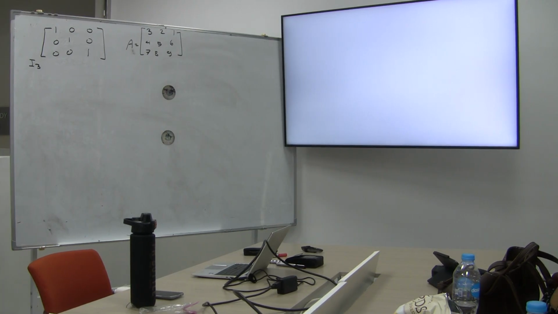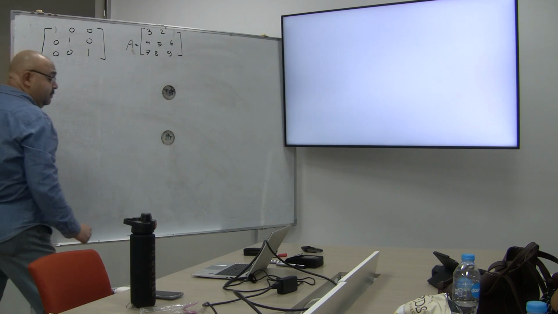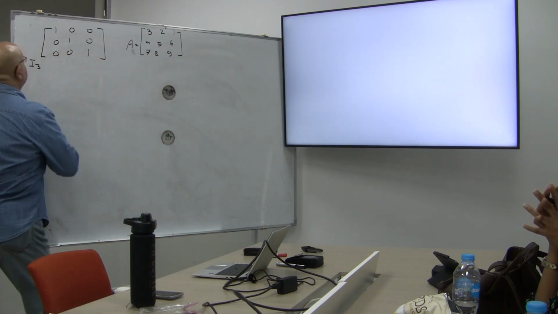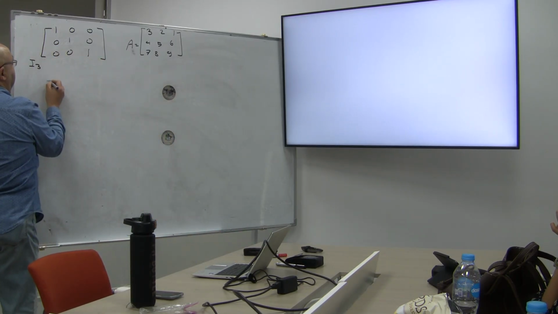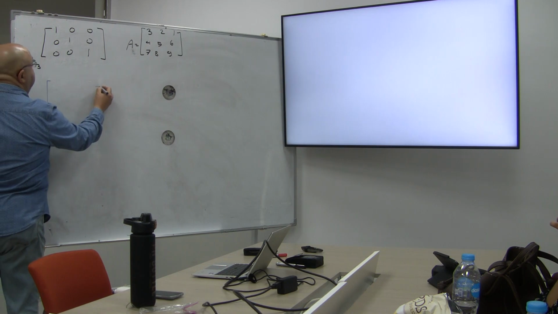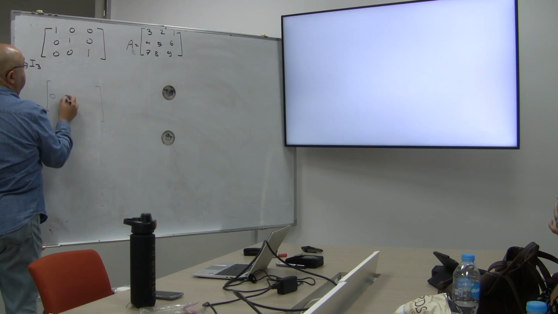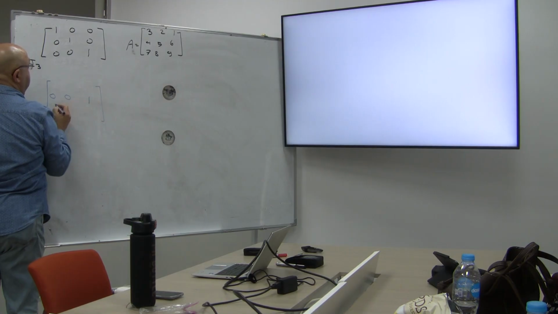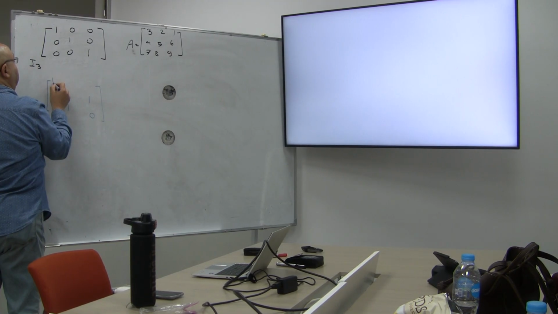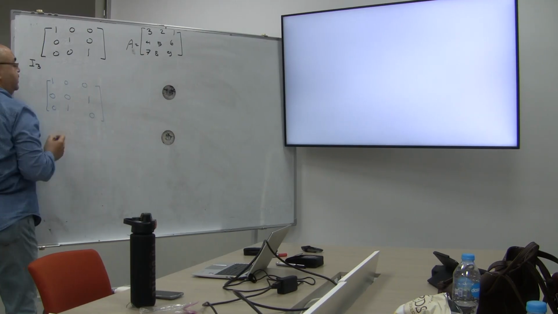Remark: if I want to replace the second row by the third row, I can do it by multiplying the matrix I, but I will change its rows. So it's going to be 0, 0, 1, then 0, 1, 0. Then I will leave the first row as it is.